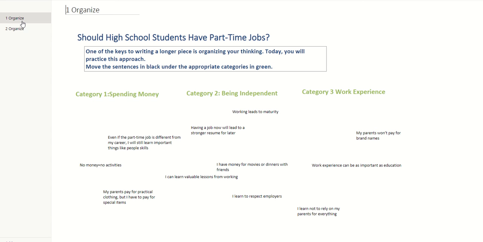On the first day, our focus will be organizing, and I'll provide two simple writing prompts, very much from the OSSLT sort of tradition. And I've created categories for the students, and I've created a number of different pieces of evidence or ideas that may be relevant. And so for step one, the students just simply have to decide where everything goes, right?